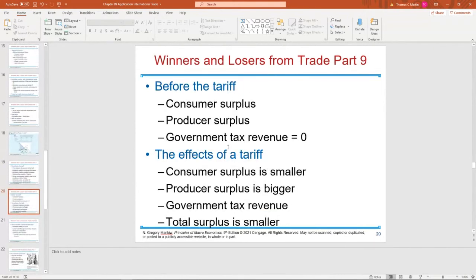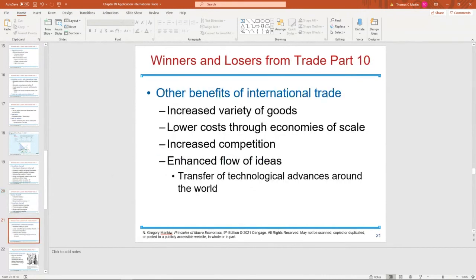Before the tariff, let's see what's going on there. Now with international trade, we see a lot of variety of goods. If you go to a country like North Korea, they don't have many options. They are extremely impoverished.